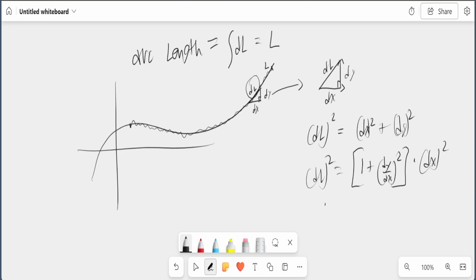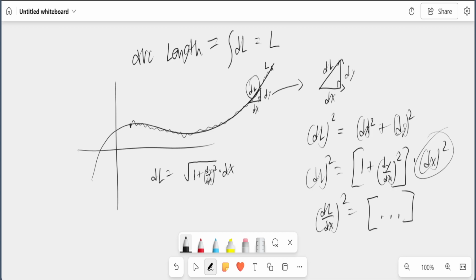We divide by dx squared, we get (dl over dx) squared is equal to all of that. And so if we take the square root, we get dl is equal to the square root of 1 plus (dy over dx) squared, times dx. This is in the square root, but since it's squared, we can take it out.